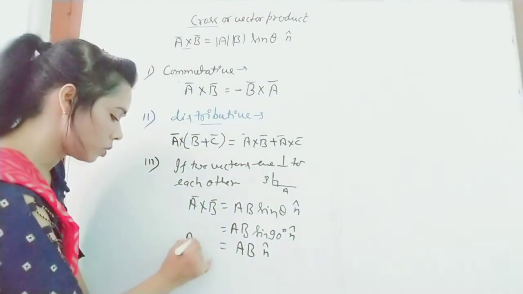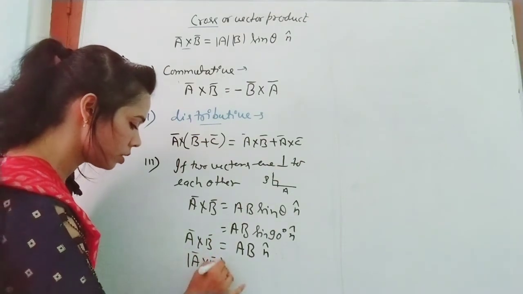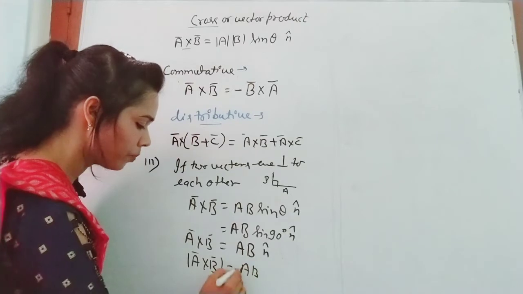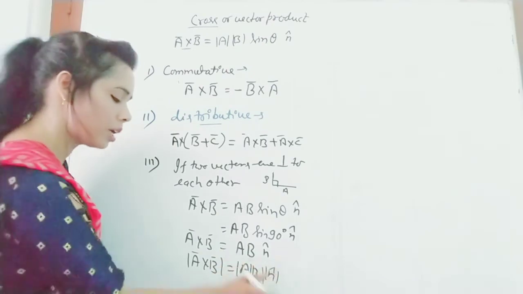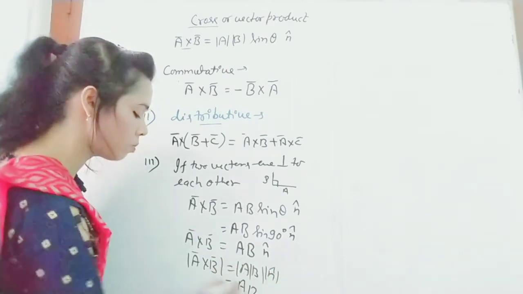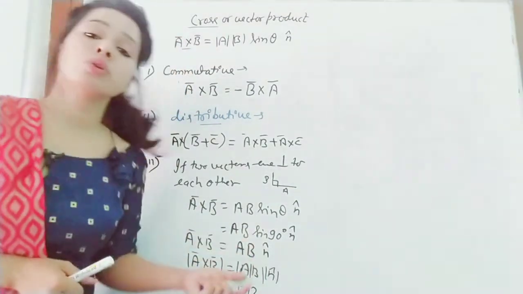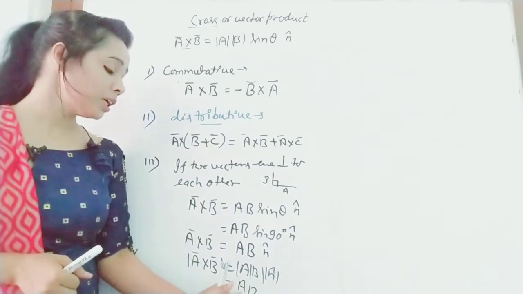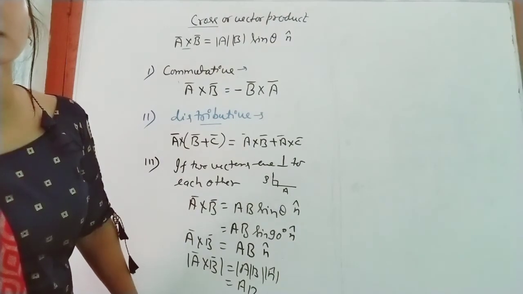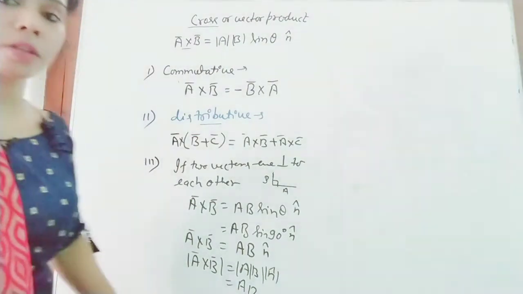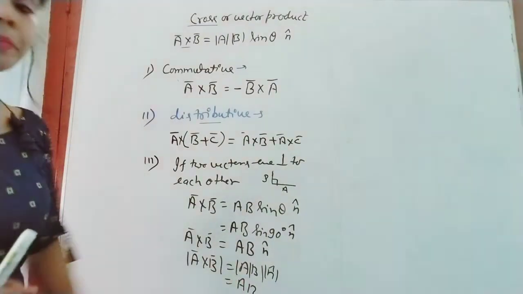Finding the magnitude of A cross B, it is magnitude of A, magnitude of B and magnitude of n, which is 1. So the direction is removed and you find AB. So if two vectors are perpendicular to each other, then the magnitude of their cross product is equal to AB. Understood? Is it visible? Yes, visible. Let me check the camera. Yes, so it's AB. Understood?